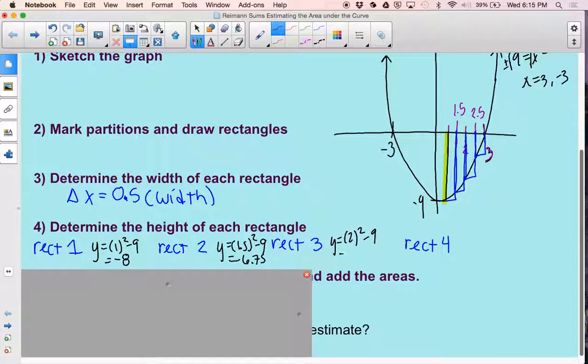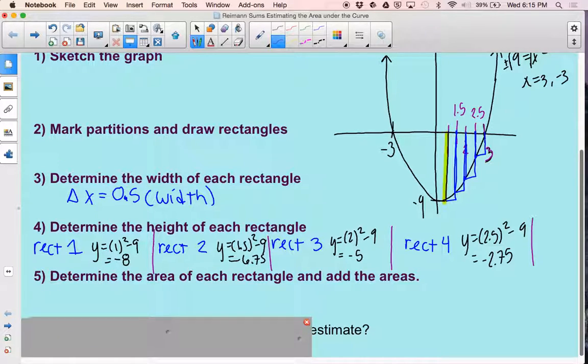So that's 4 minus 9, so negative 5. And then rectangle 4, I'm plugging in 2.5. And 2.5 squared minus 9 is negative 2.75. So these are my heights. So I've got negative 8, negative 6.75, negative 5, and negative 2.75.